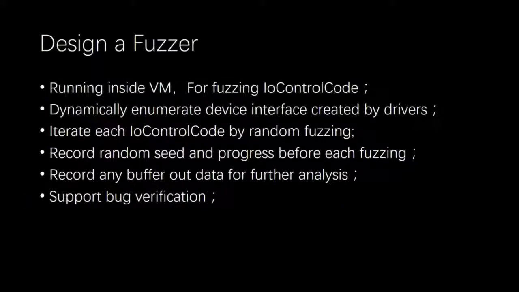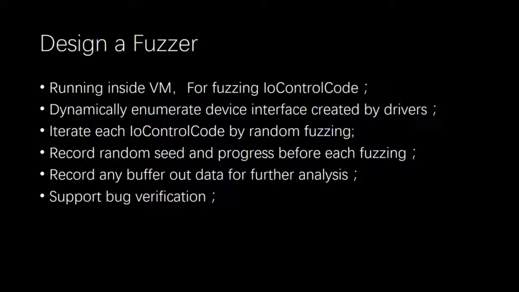And here is the design of the fuzzer. We automatically and dynamically enumerate the device interfaces created by the driver. For this, we take a baseline of the VM we created, and then after the USB driver is running, we run the program again and get another baseline.